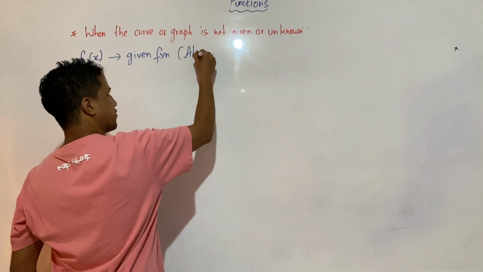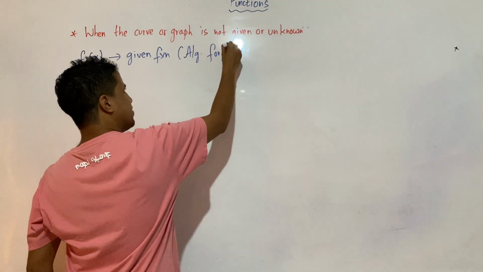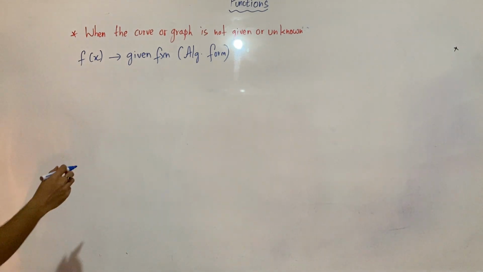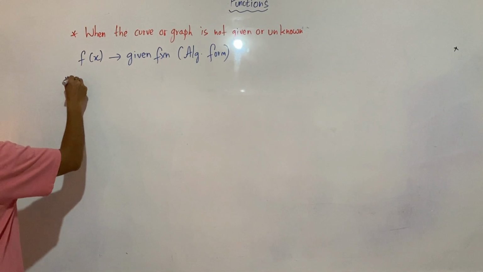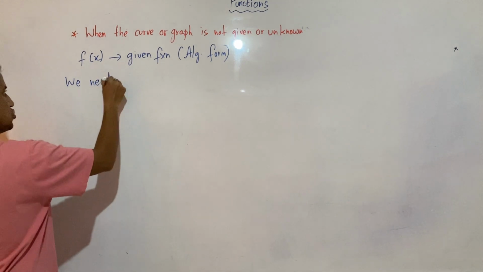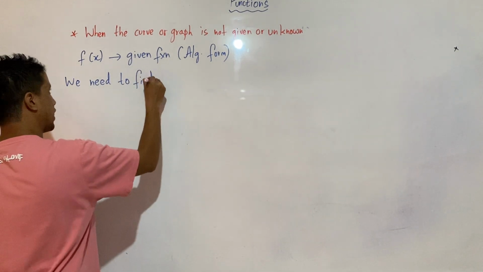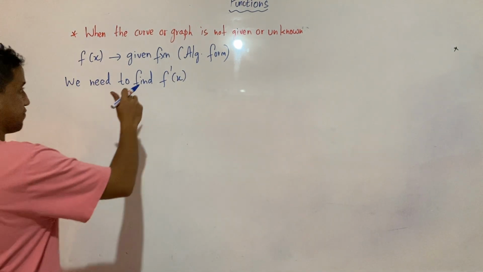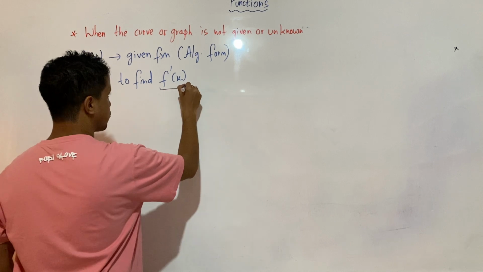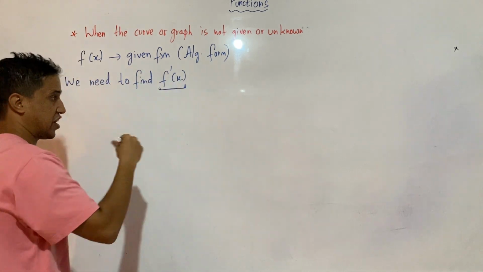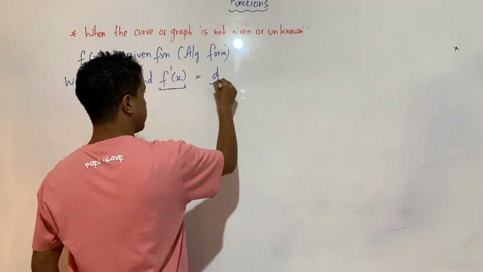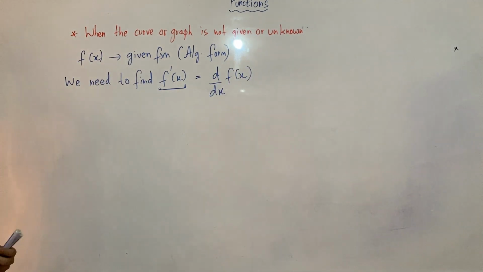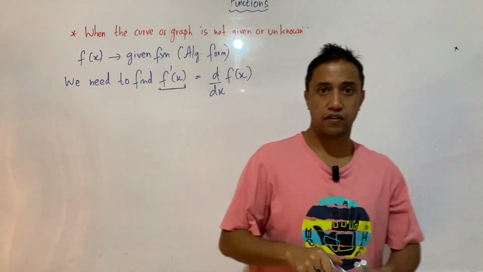If we have to know if this function is one one or many one, what we need to do is find the derivative of f(x), which means we have to find f dash x, which is d by dx of f(x). So we have to find the derivative of f(x).